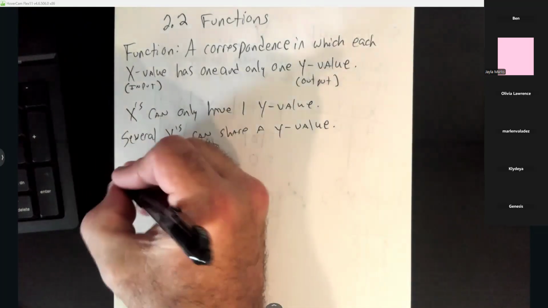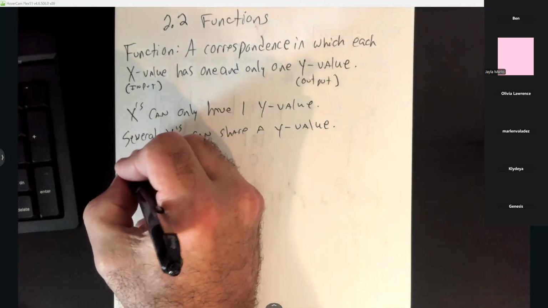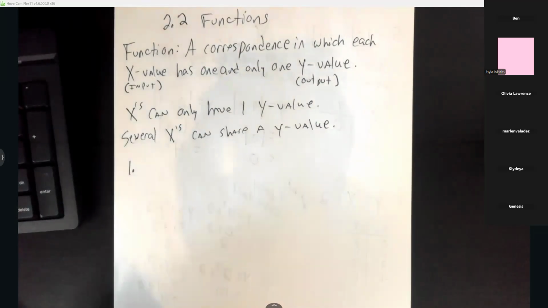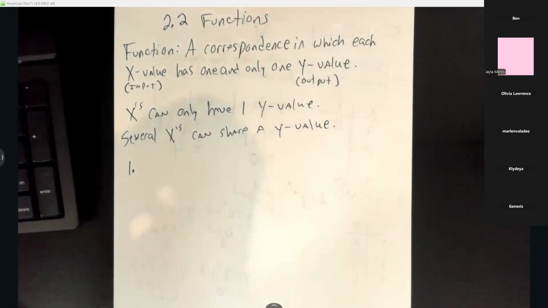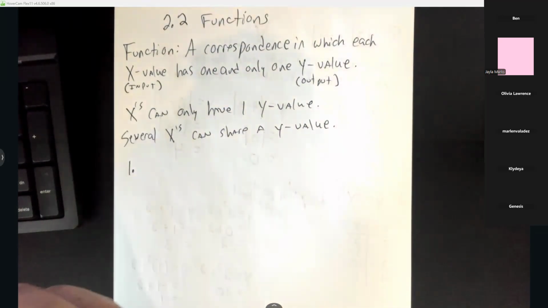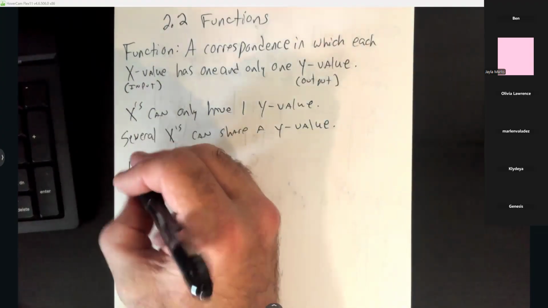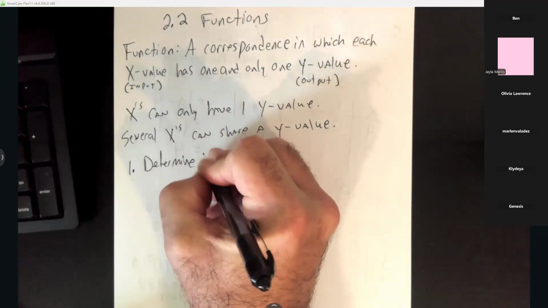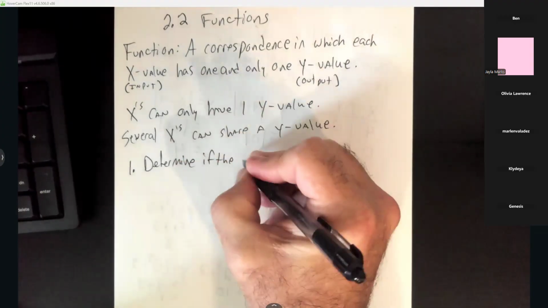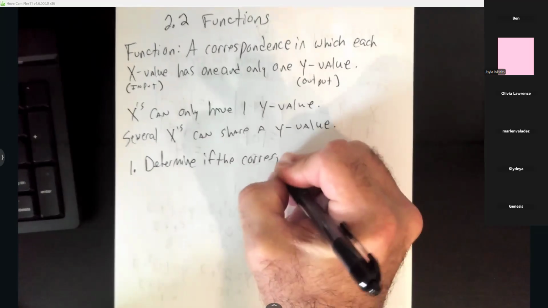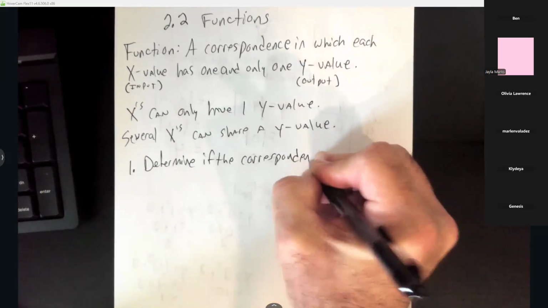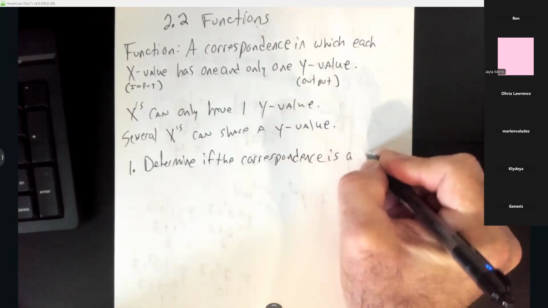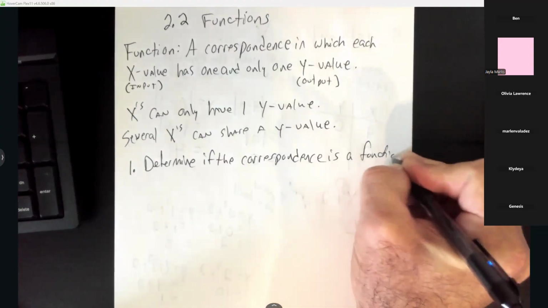So I'm going to draw an example here. See what we do, and then we'll look at MathLab and sort of play with their problems, okay? So we're going to determine if the correspondence is a function.